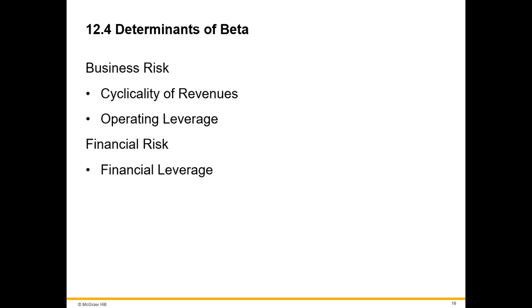So depending on the type of business or industry you're operating in, your risk associated with changes in revenue from expansion or contraction can be significantly more than others. You need to account for that, and that becomes part of your beta.